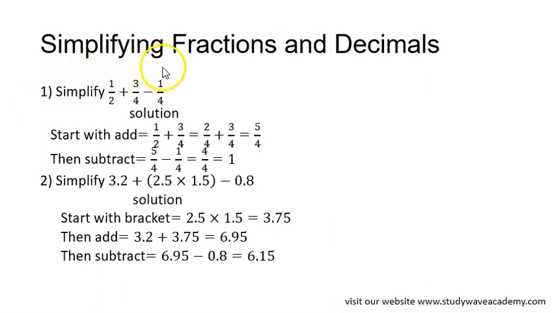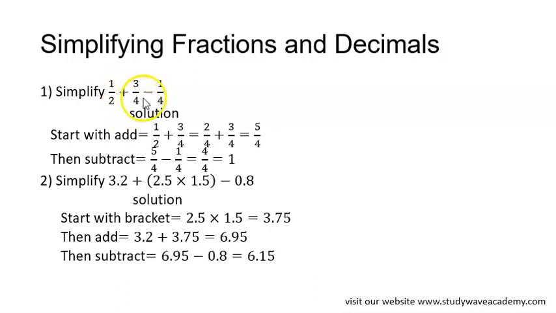Now we are going to be simplifying fractions and decimals. Okay, let's simplify 1 over 2 plus 3 over 4 minus 1 over 4. Using the BODMAS formula, we have the plus sign and the minus sign here. And in BODMAS, the addition sign comes first, right?